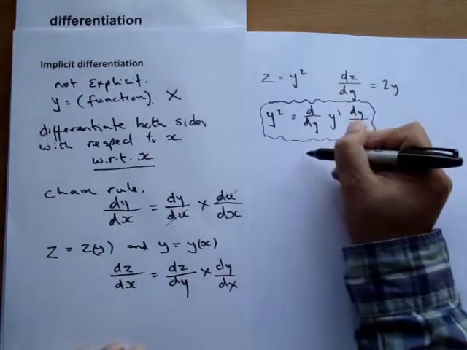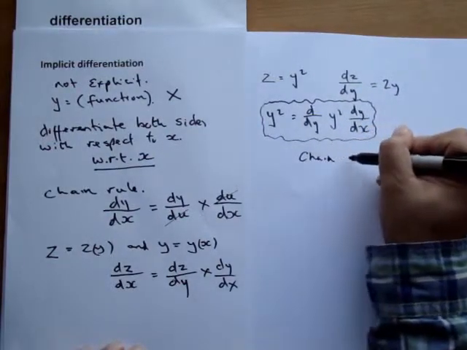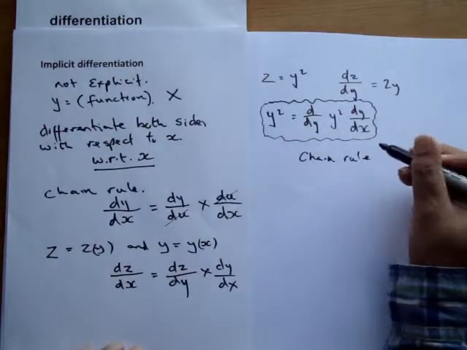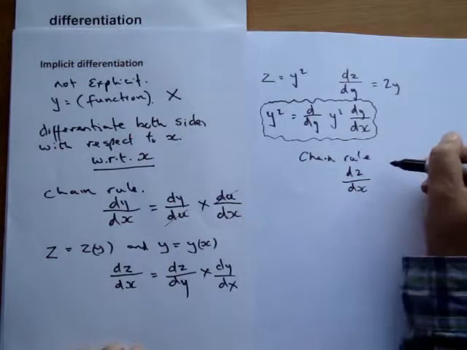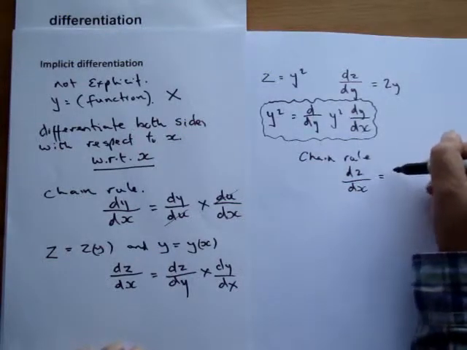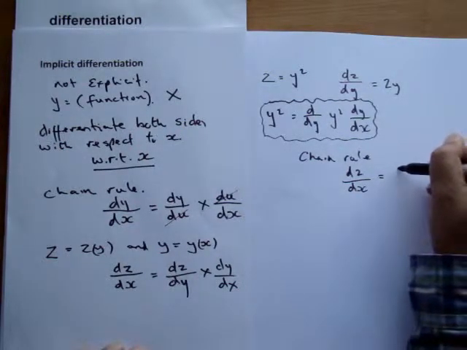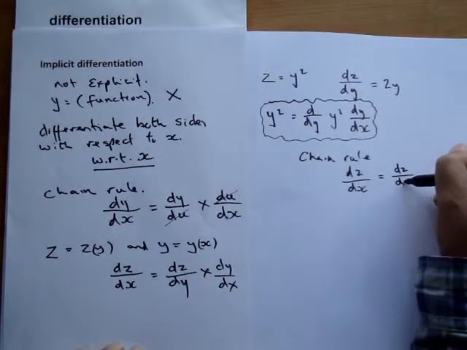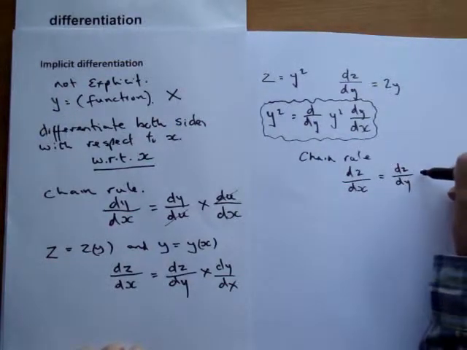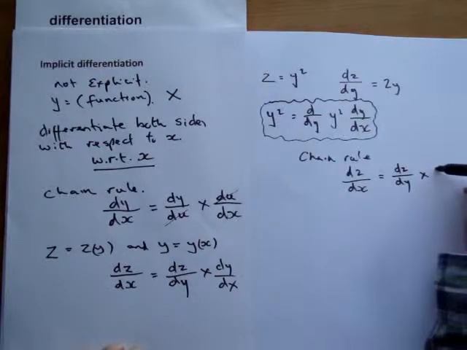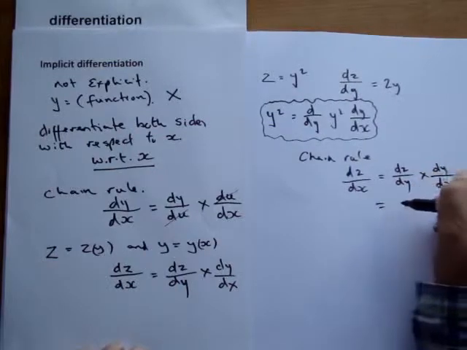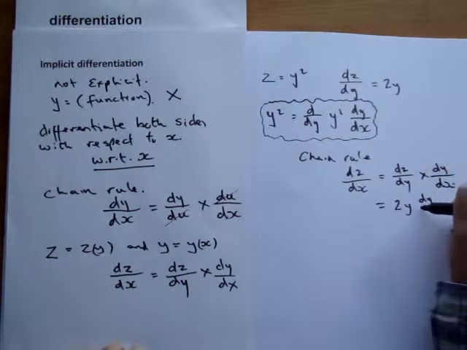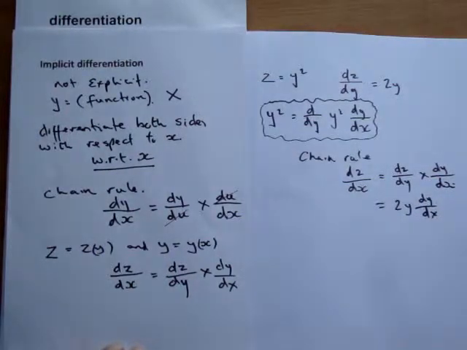and using the chain rule, dz by dx equals dz by dy times dy over dx, and that equals 2y dy by dx.